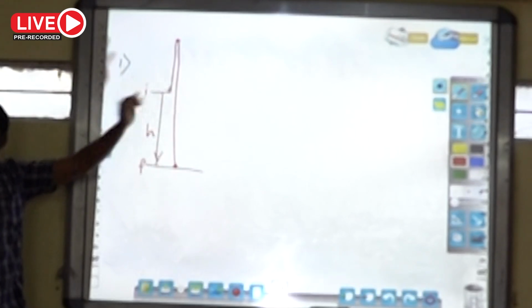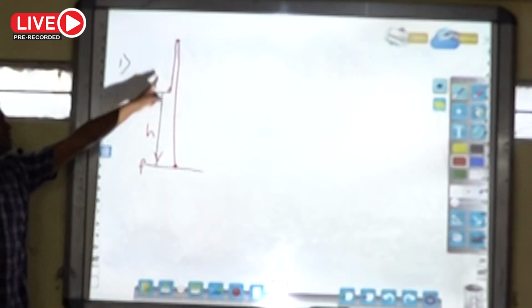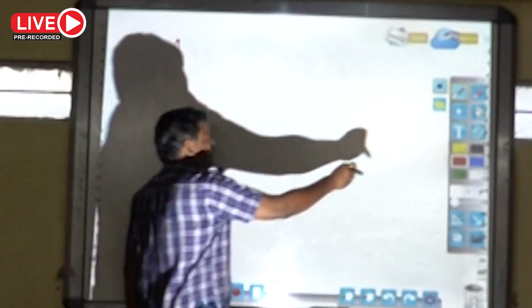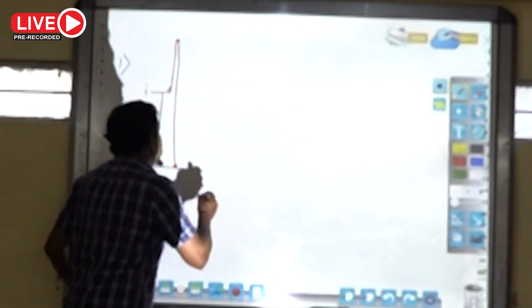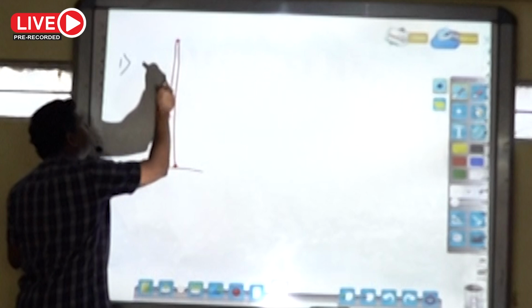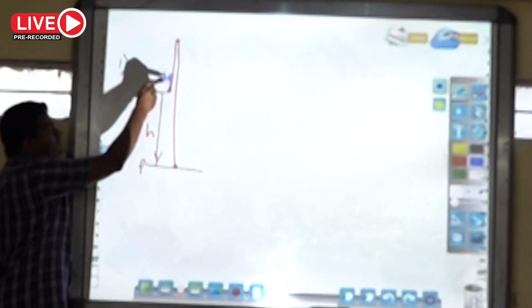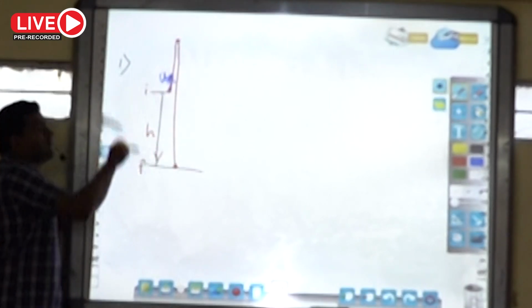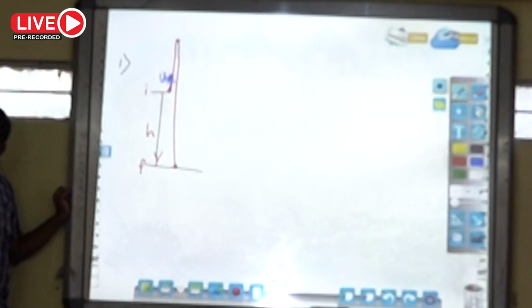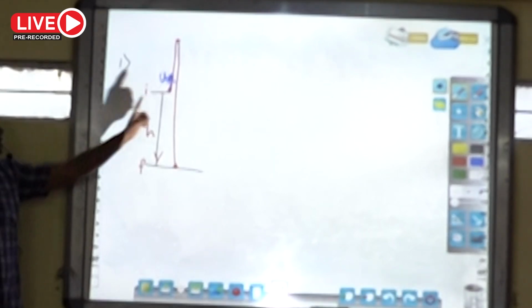Okay. Now at this point when it is thrown with a certain velocity u, u should be in the upward direction. Direction of u is, arrow will be upward. Now in the entire path, what is the direction of acceleration? Down.